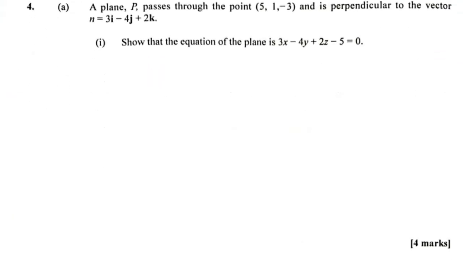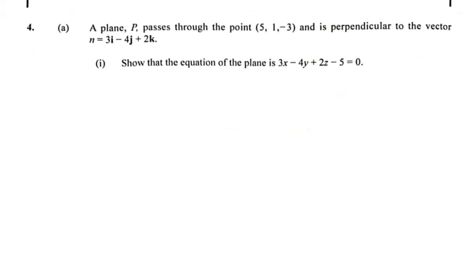Question 4. A plane P passes through the point (5, 1, negative 3) and is perpendicular to the vector (3, negative 4, 2). Show that the equation of the plane is 3x minus 4y plus 2z minus 5 equal to 0.